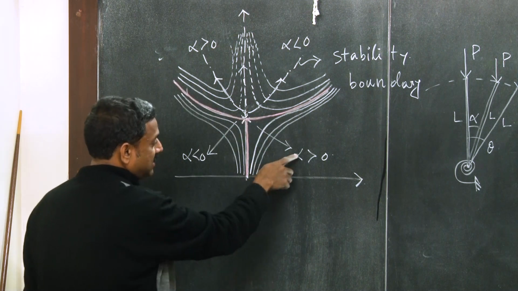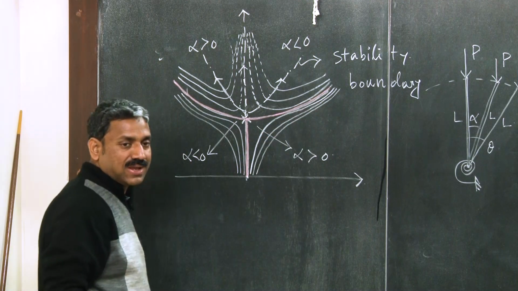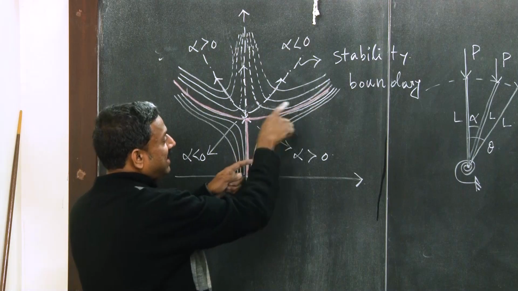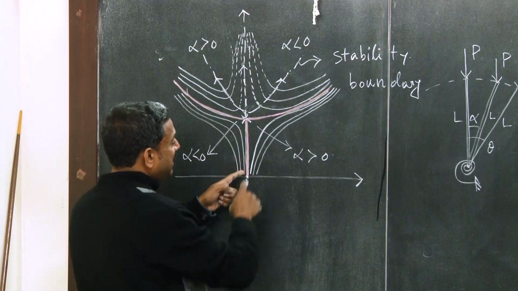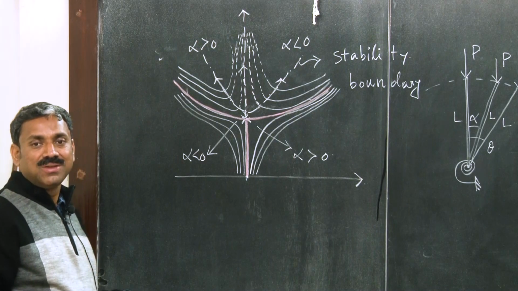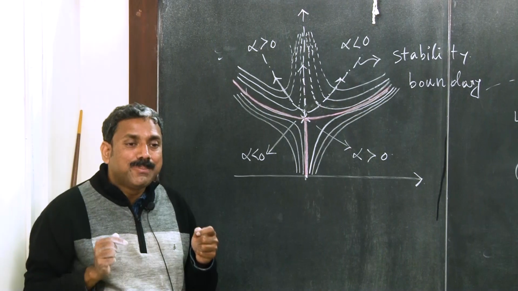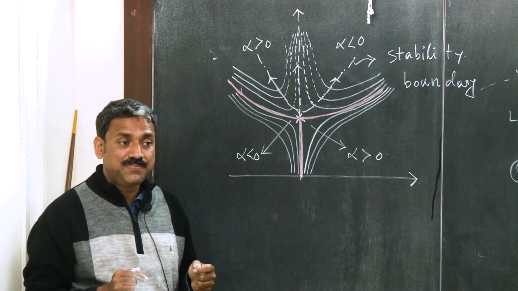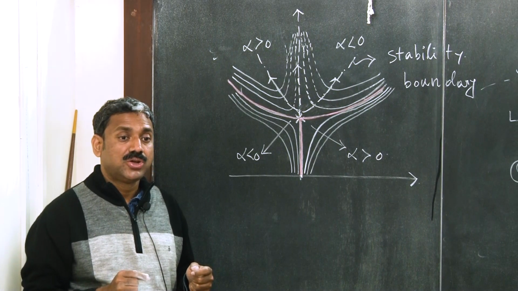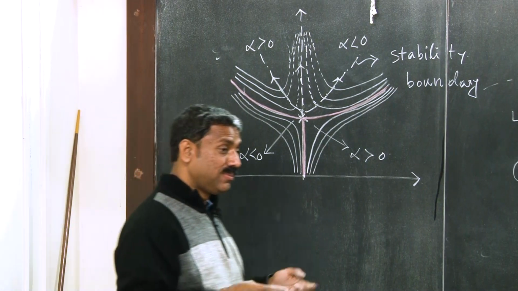When there is imperfection, this is alpha greater than 0, there is no bifurcation, but please note that this path is drawn so that one of its ends is asymptotic to the equilibrium path. You see that? So the equilibrium path of the imperfect system asymptotically approaches the equilibrium path of the perfect system. Do you see that?